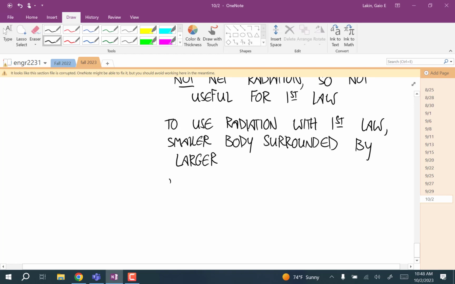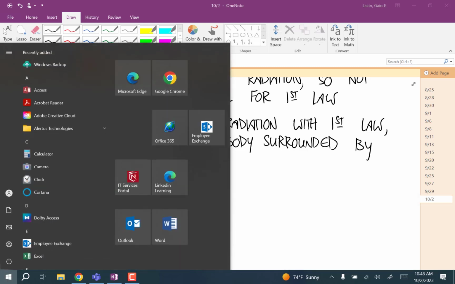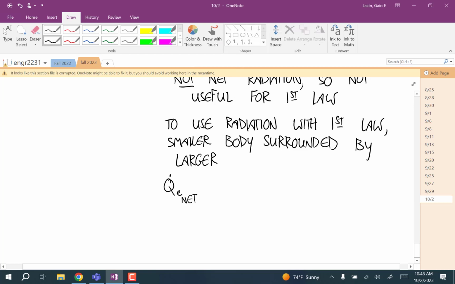And then Q dot emitted net. The key thing is this tells you how much is going in and how much is going out, instead of just half of what we need.